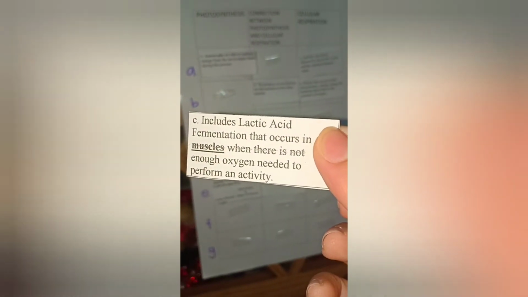Includes lactic acid fermentation that occurs in muscles when there is not enough oxygen needed to perform an activity. So, fermentation. So, this is for cellular respiration. Okay, opposites of each other. Connection between the two.